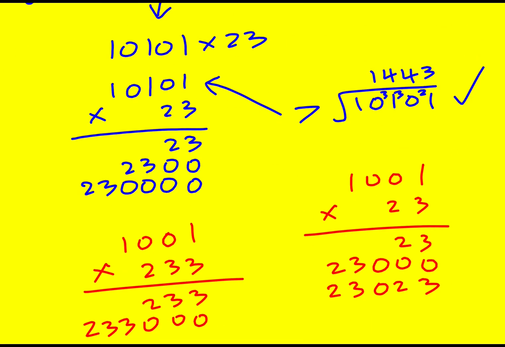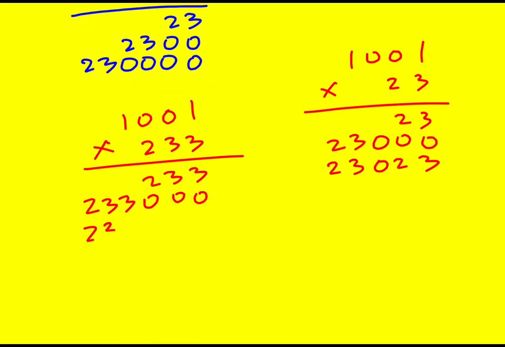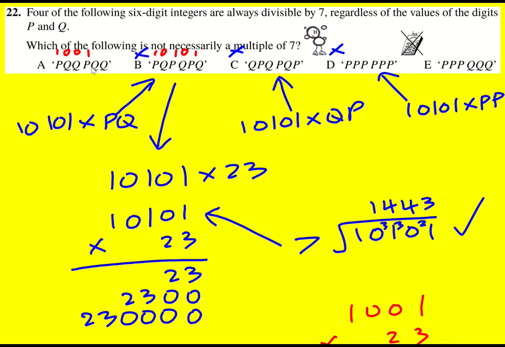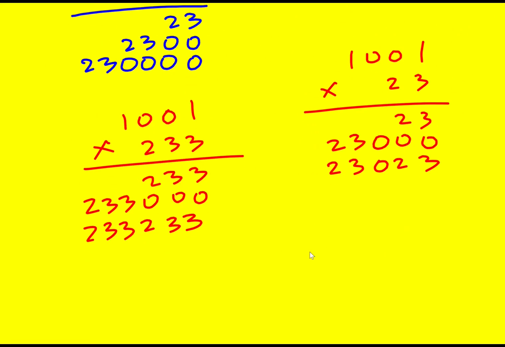Here, I'm getting 2, 3, 3, 2, 3, 3. So what I'm trying to get at is that it must be that 1001 goes into this number here. So let's see, does 7 go into 1001? Because if it doesn't, we could just pick a Q and a P such that 7 doesn't go into it.